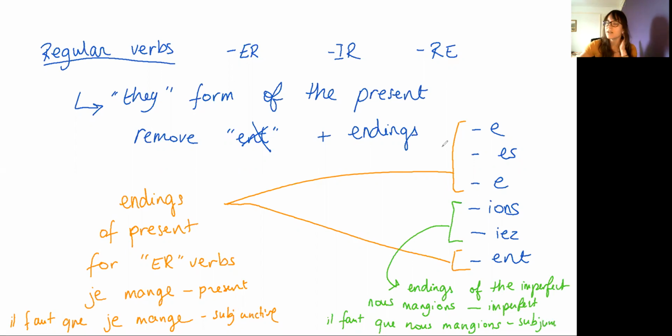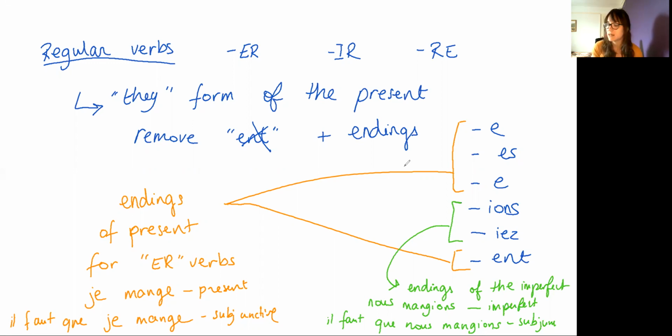The reason why you need to be aware of this is because you're going to be confused. Sometimes you're going to create your subjunctive and think, it can't be, it's just a present. How do I distinguish between both? Then you'll start doubting yourself. Don't. It is normal that most of the time your present and your subjunctive look the same.